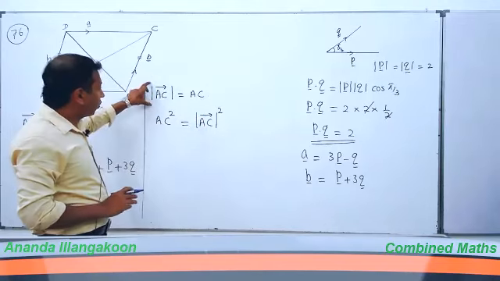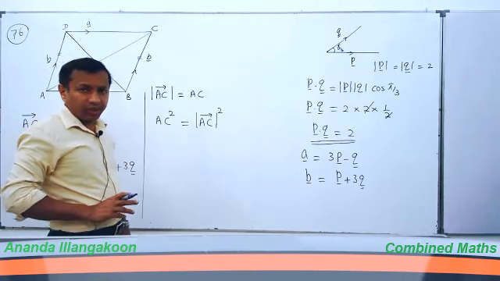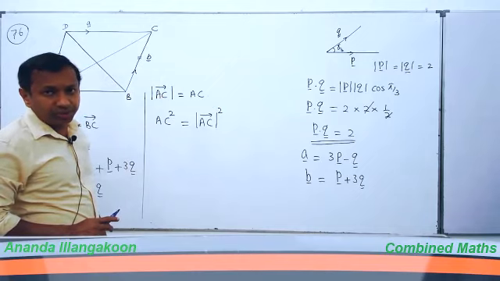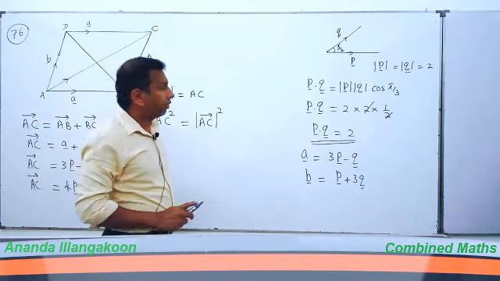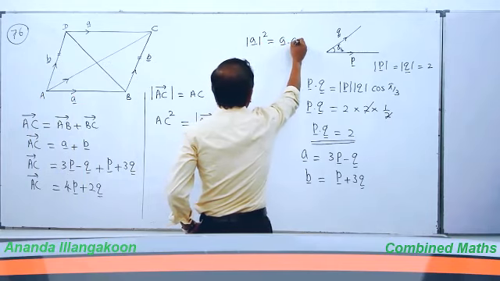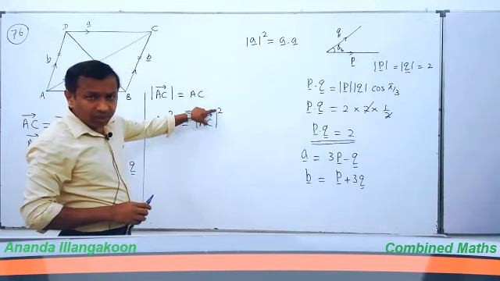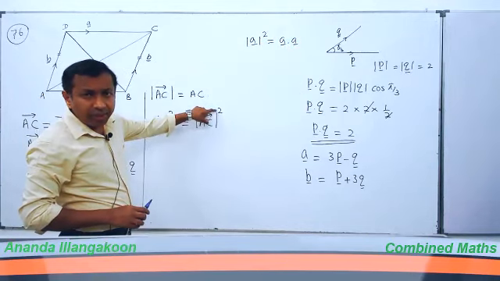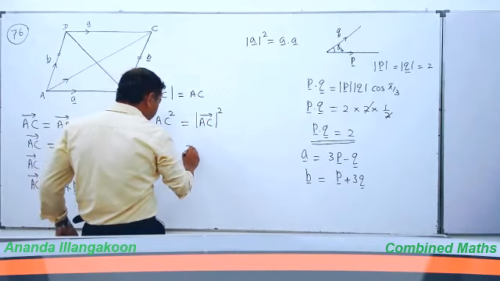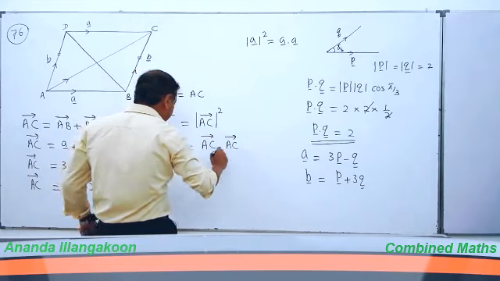Modulus of AC means AC length, so AC length perfect square means AC vector modulus perfect square. We have proved that mod A perfect square is given by A dot A. Like that, AC vector modulus perfect square is obtained by AC vector dot AC vector. This is AC squared.